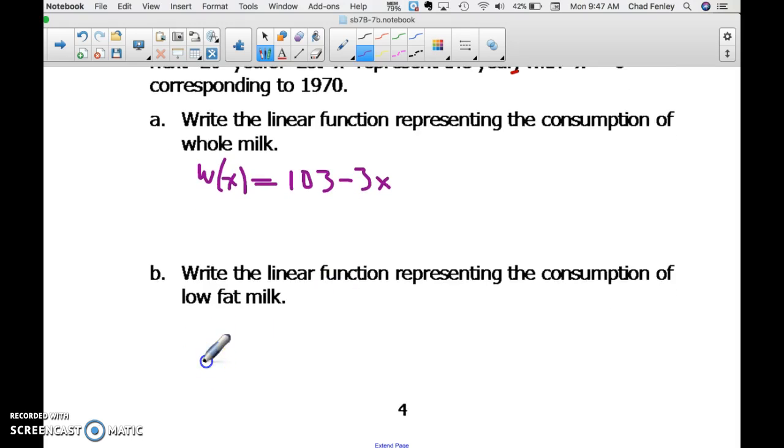We'll call this L of X. It started at 25 quarts and grew 2.25 quarts each year, so it's 25 plus 2.25x. These are my two functions.